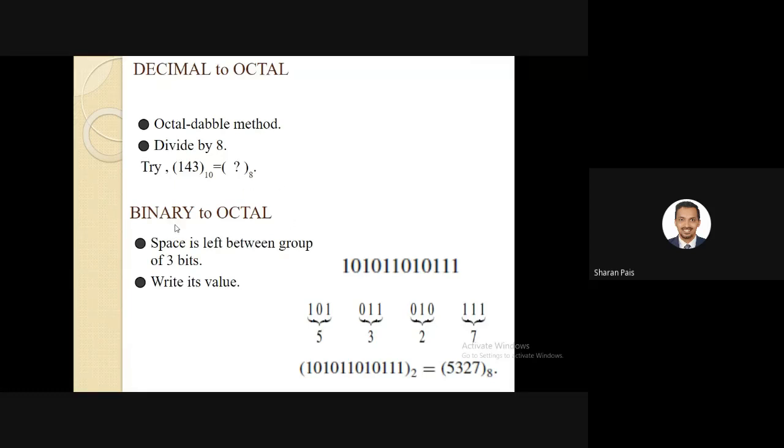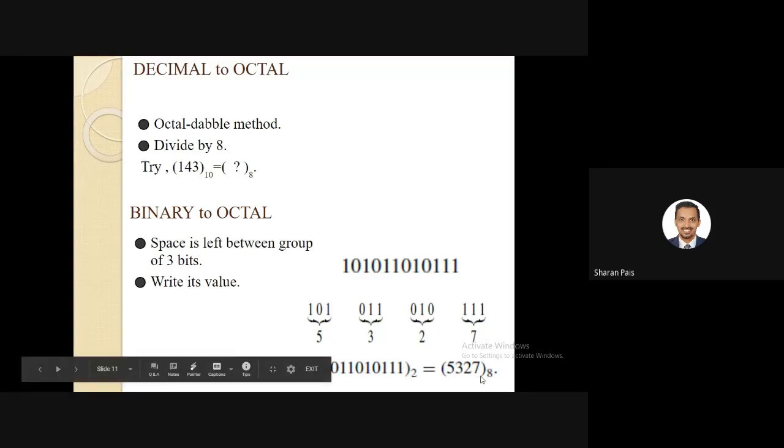How to convert binary to octal: group with 3 bits. So this is the binary value, these 3 give 7, the next one is 2, the next 3 are 3, and the next 3 will be 5. Like this, that is your octal number, binary to octal.